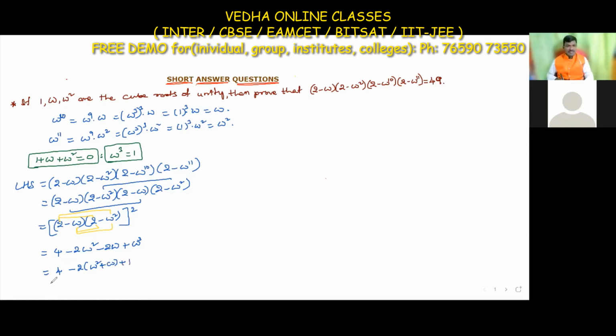So 4 plus 1 is 5, minus 2 into (omega square plus omega). From here, omega square plus omega is equal to minus 1. So 5 minus into minus plus 2, 5 plus 2 is equal to 7.